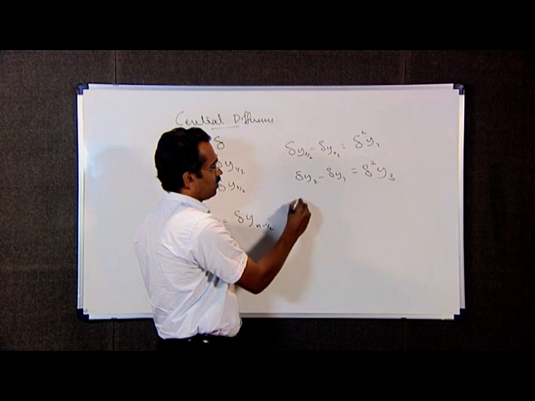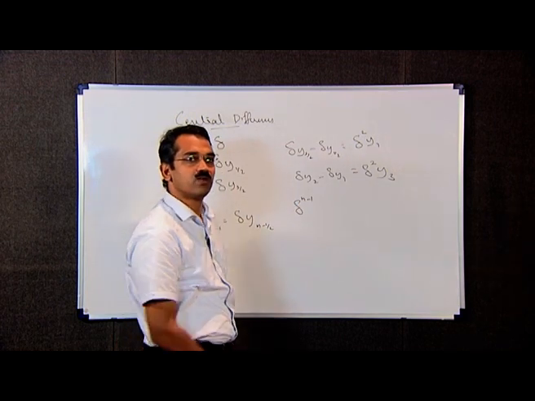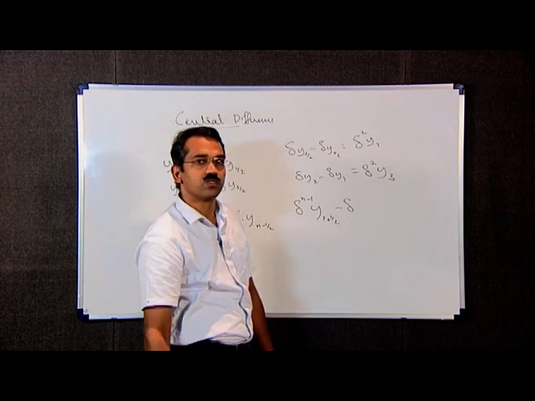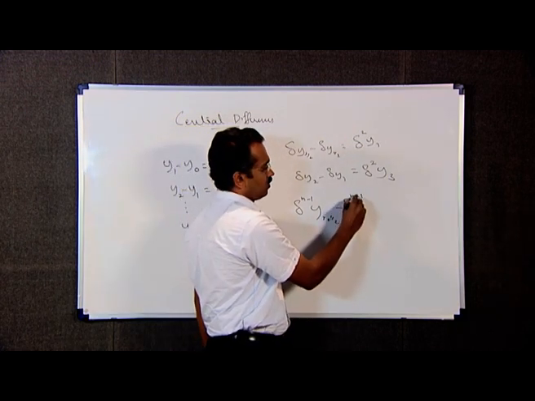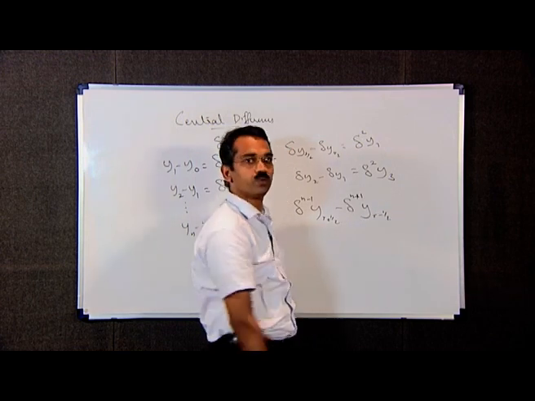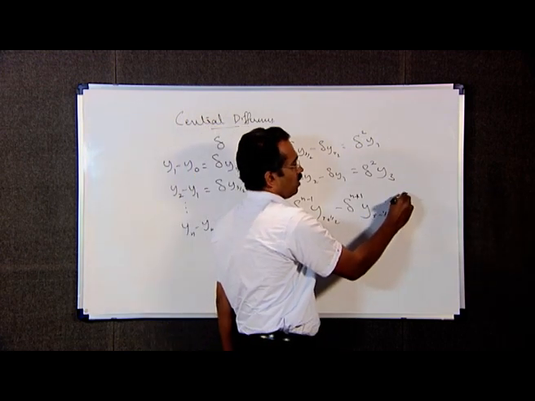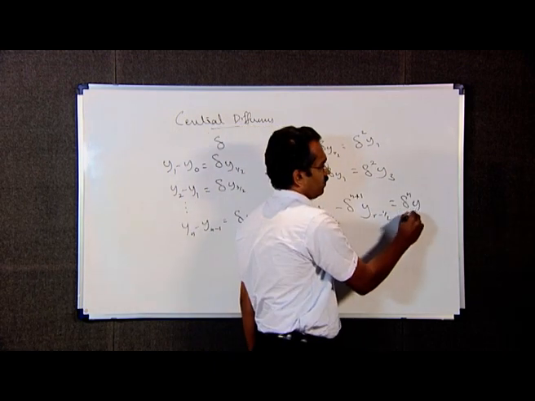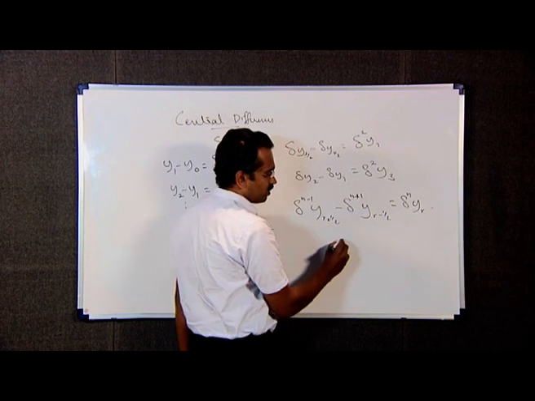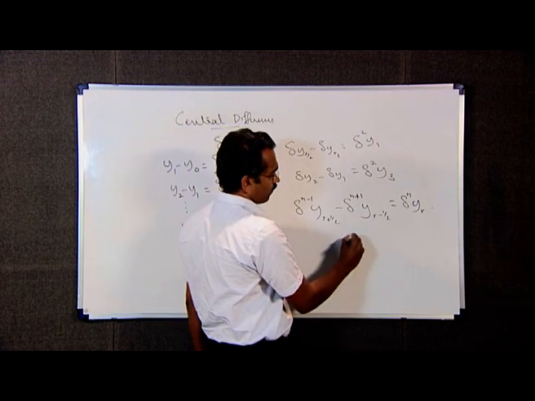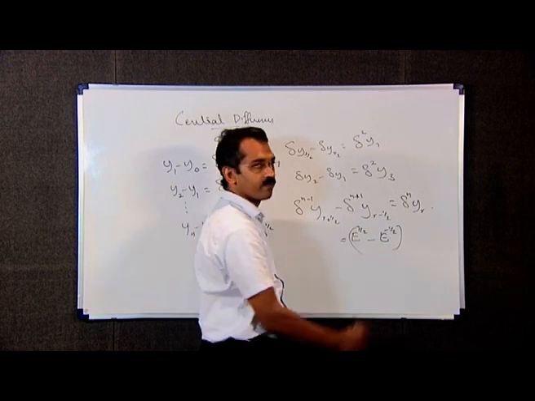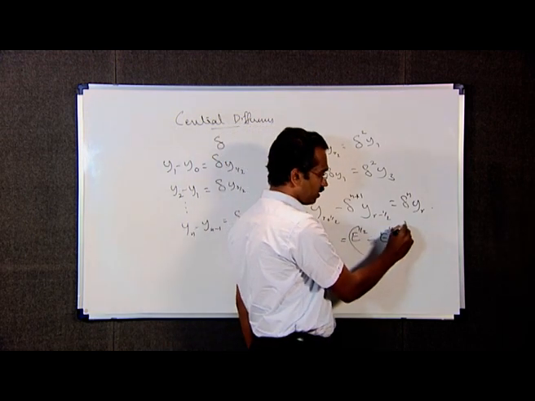In general, delta raised to n minus 1 y r plus 1 by 2 minus delta raised to n minus 1 y r minus 1 by 2 is equal to delta raised to n y r, which can be written as E raised to 1 by 2 minus E raised to minus 1 by 2, whole raised to n, y r.